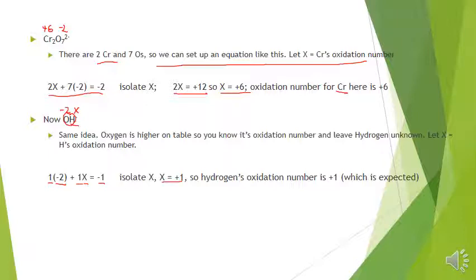And that's what you would expect from the priority table, because hydrogen has a plus 1. It doesn't always, but most of the time it does. So if we go back here, OH minus is going to have minus 2 for oxygen and plus 1 for hydrogen. So there are our oxidation numbers for the first 2.